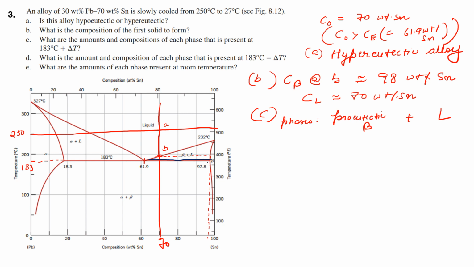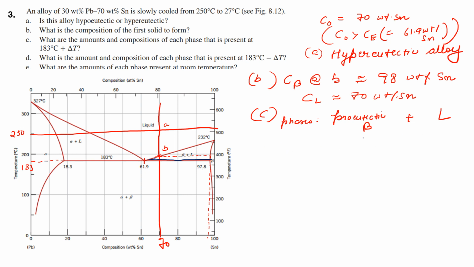So this is basically this part, that gives me about 97.5, 97.8.